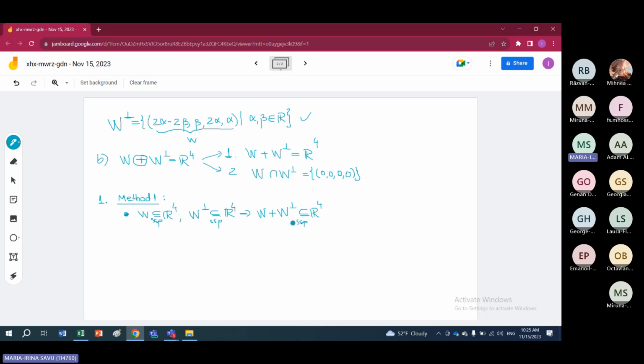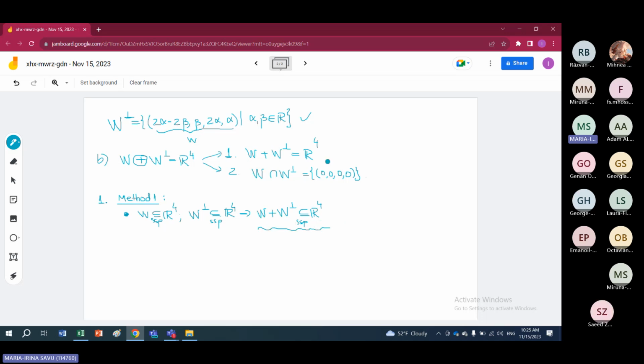So this inclusion is obvious. Okay, you have that this sum is included in R to the fourth. And now you have to prove that R to the fourth is included in W plus W perpendicular. But this is obvious. And what you should do in this case is the idea.